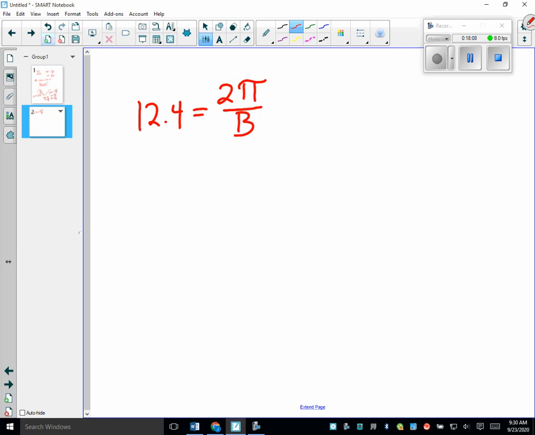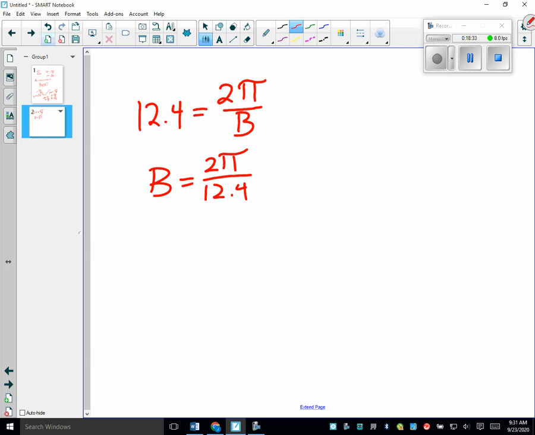So couldn't you just flip the formula around and say B equals 2 pi over the period, just like I did? Yes.